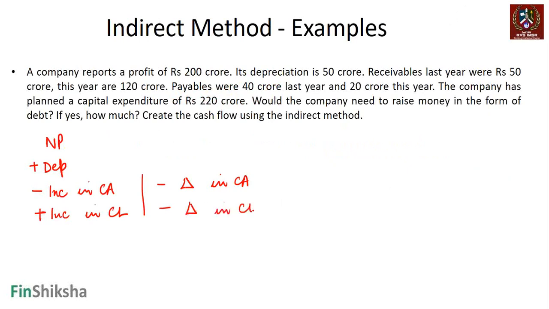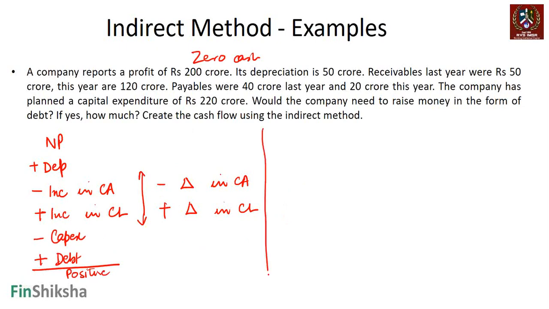And then we subtract capex, and we have to do a debt raised. This can only work if the net cash flow is positive at the end. We are assuming here that the company starts with zero cash, right?